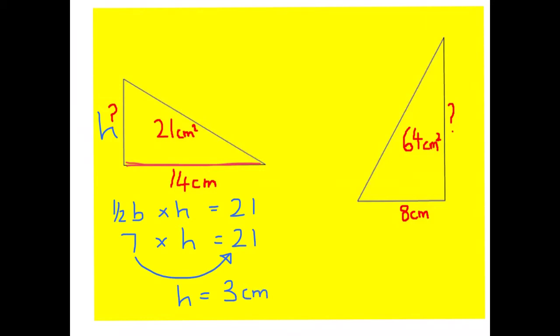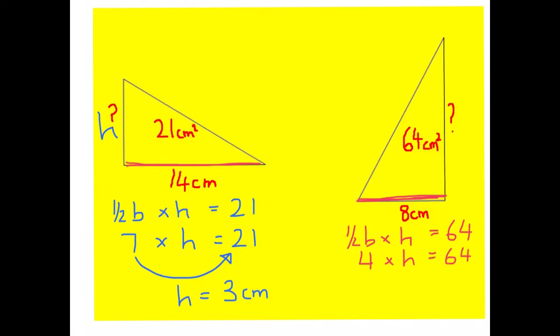My triangle on the right, my base is 8 centimeters. My area, written in the center, is 64 centimeters squared, and we need to find the height. So we put down our equation again of half the base multiplied by the height, which in this occasion equals 64. So half of my base would be 4 times my height, which we need to find, equals 64.